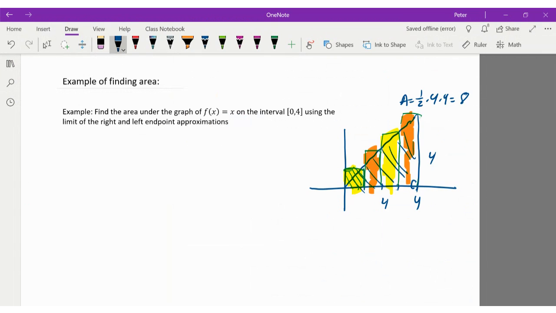So let's set it up like that. Here a is equal to 0, and b is equal to 4 because I've got the interval 0, 4. So delta x equals b minus a over n, which is 4 minus 0 over n, which is 4 over n.